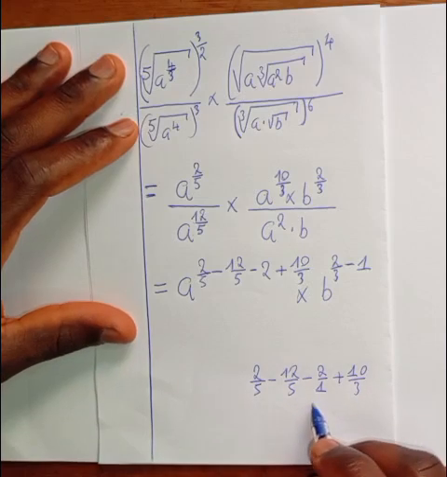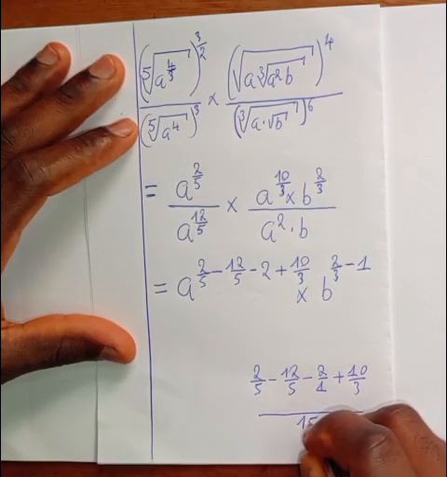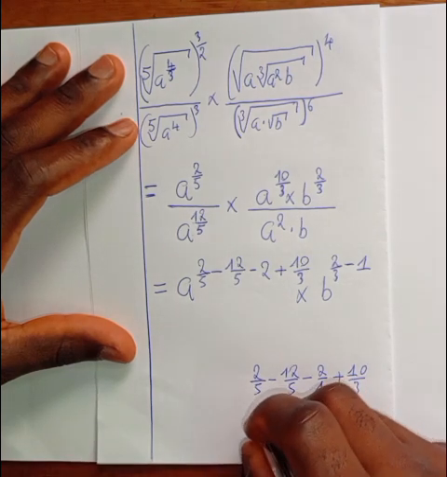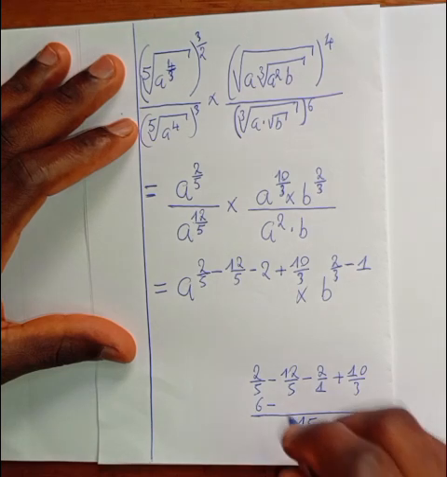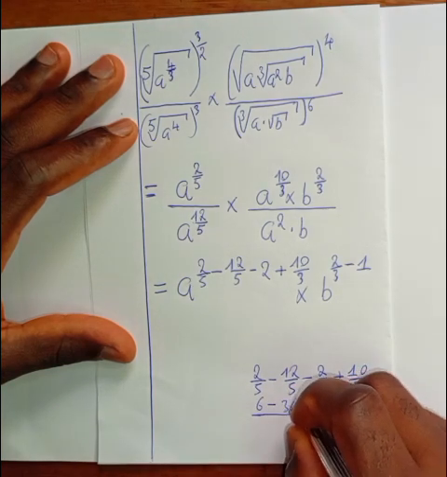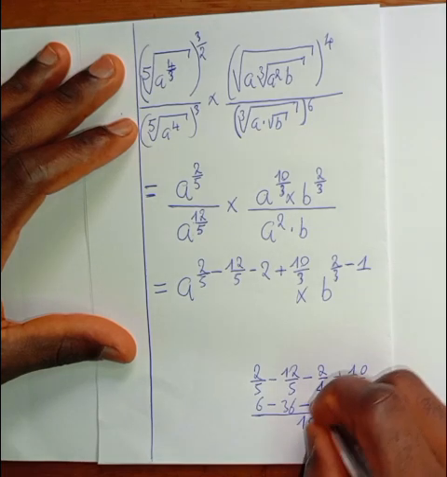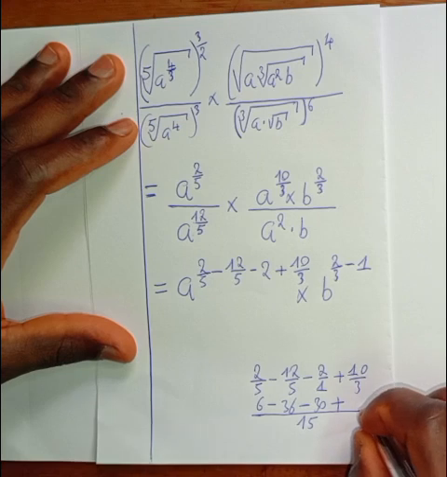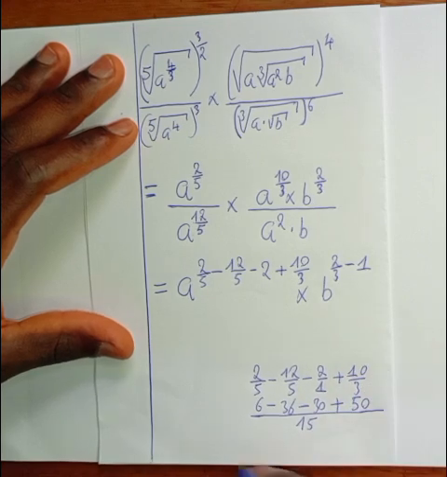You know the LCM of 5, 1 and 3 is simply 15. 15 divided by 5 gives us 3. 3 times 2 gives us 6 minus 15 divided by 5 gives us 3. 3 times 12 gives us 36 minus 15 divided by 1 gives 15. 15 times 2, 30 plus 15 divided by 3 gives us 5. 5 times 10 gives us 50.